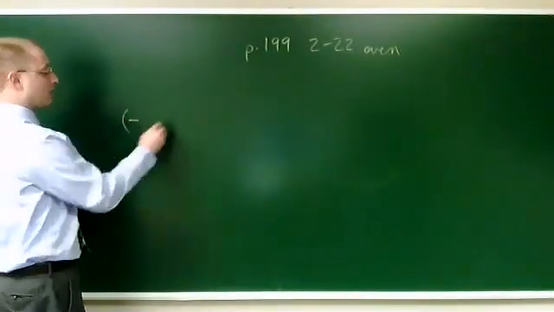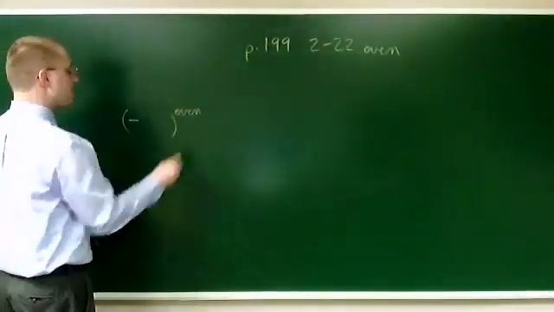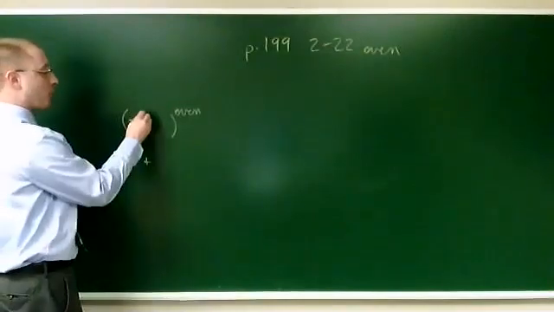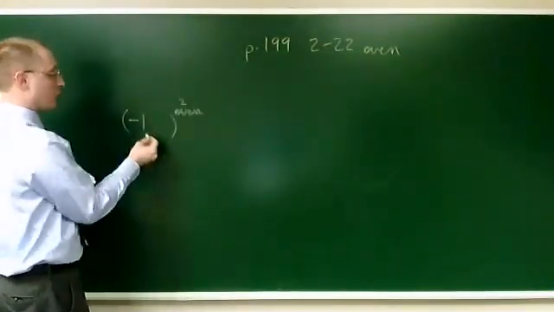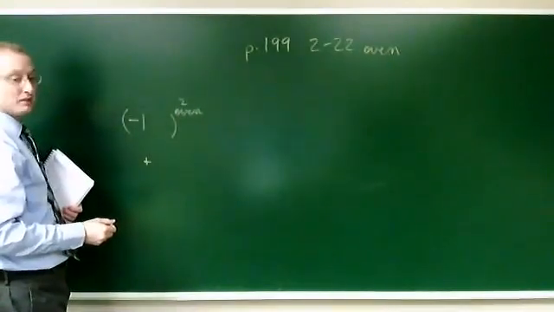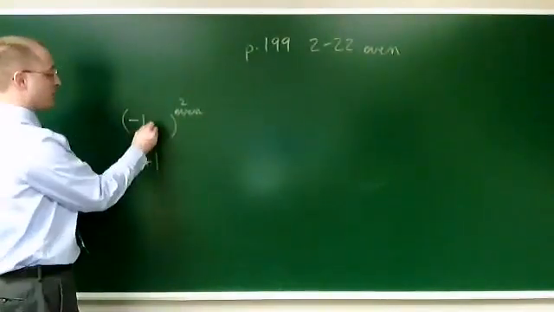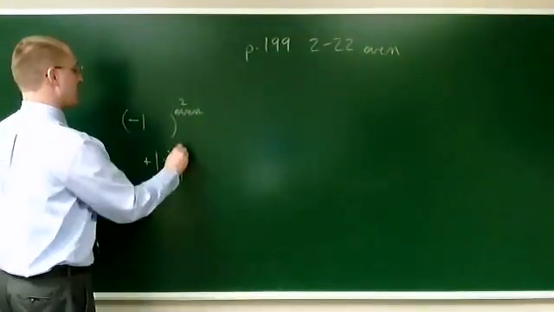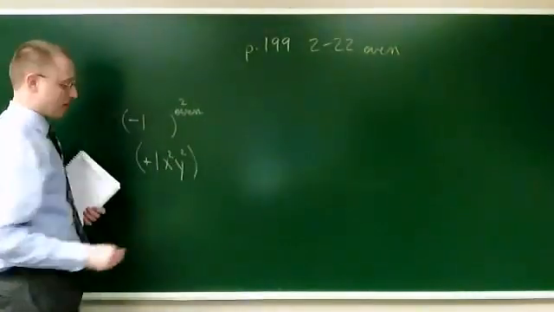If you have a positive 2x raised to an even power, it's going to give you a positive. And then I've got a 1 that's being squared. What is 1 squared? 1. And you're right about the x squared, y squared. It should have been a positive 1 x squared, y squared.